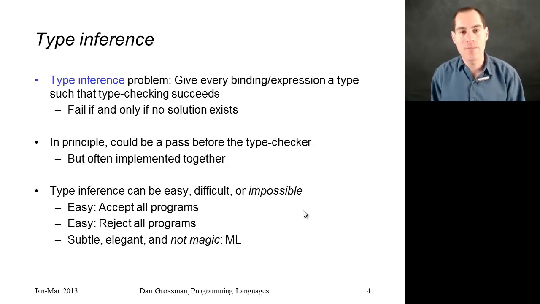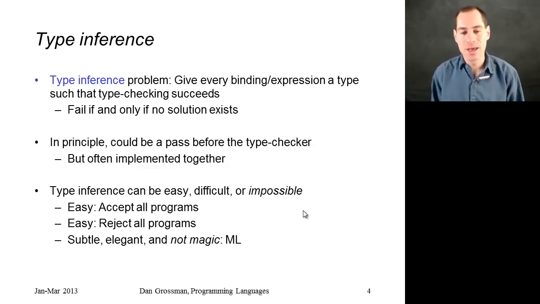The last thing I want to emphasize before the next segment, when we get into type inference for ML: this segment was really about type inference in general and what it is that type inference can be easy or difficult or impossible. It depends on the type system that you're trying to infer types for. So as two extreme viewpoints, if every program type checks, that's very easy to infer.